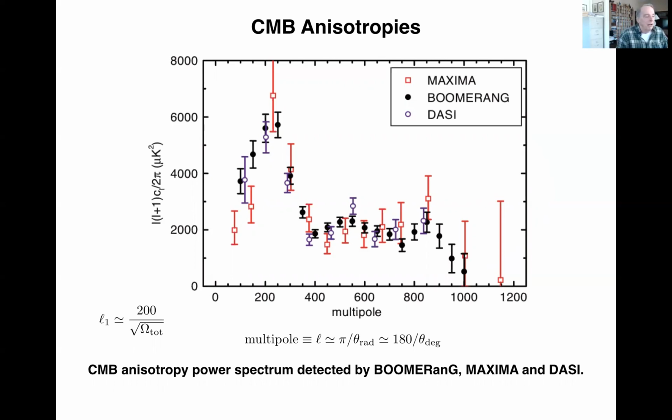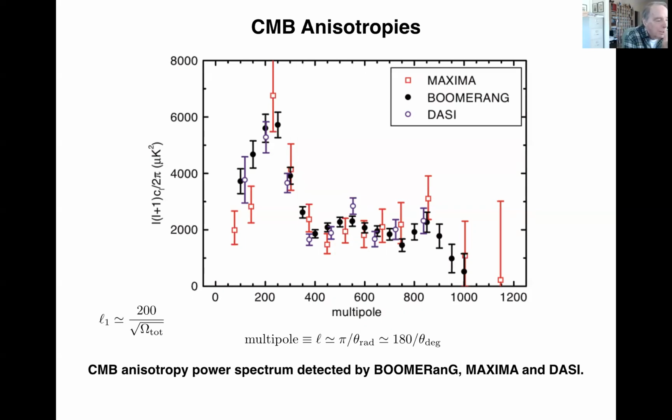A given L you can think of as 180 divided by theta degrees. So for example, L equal 200 is about 1 degree. It's a little greater than one degree. No, I'm sorry, a little less than 1 degree. And as you go to higher multipoles, you're talking about smaller and smaller degrees.